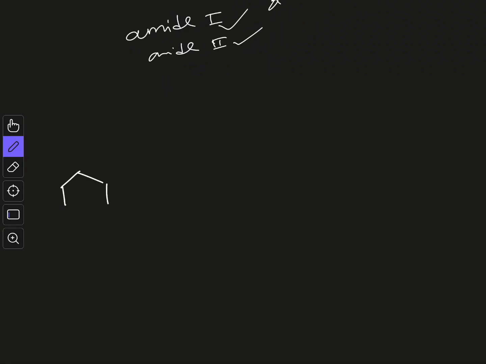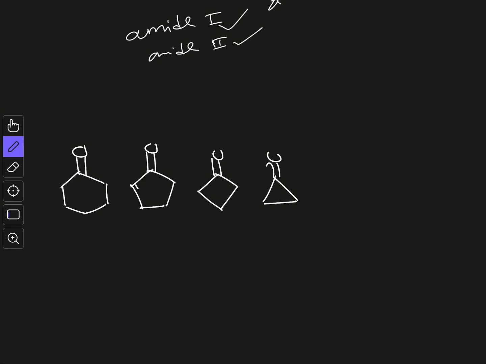Let's say you have this one first, the 6-membered ring, that is cyclohexanone. Then let's say you have a 5-membered compound, then you can have a 4-membered, you can have a 3-membered, and the extreme case is you can have a ketene like this. You can have a ketene, so this is called ketene.